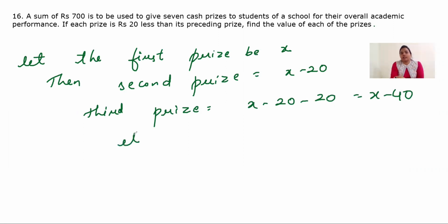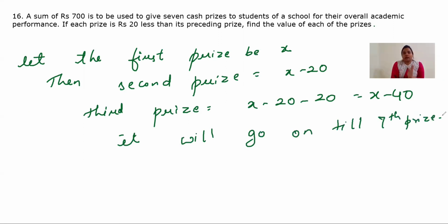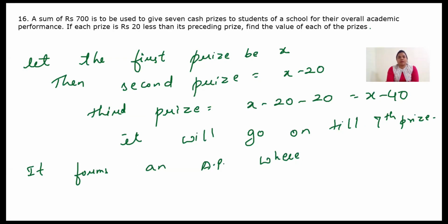And it will go on like that till the 7th prize. So clearly it forms an AP where A is X, D is minus 20, N is 7, and S7 is given as 700. We have to find the value of each of the prizes. First we'll find X and then we can get all the values.